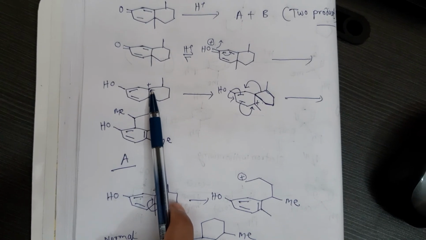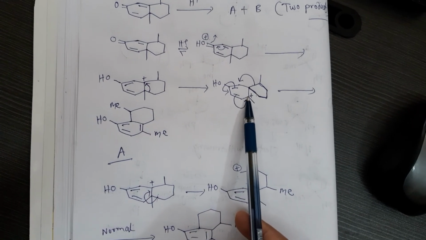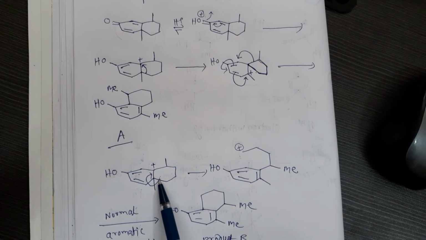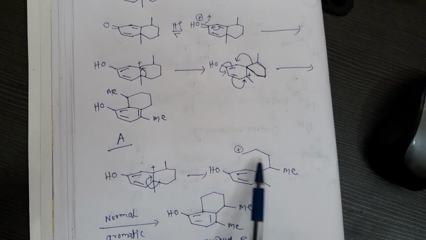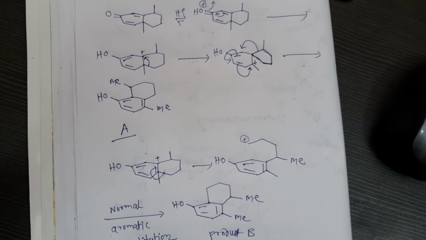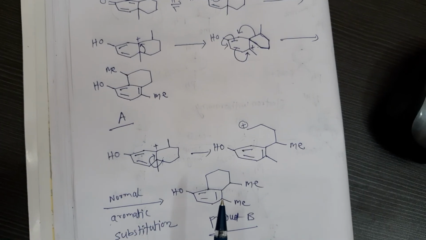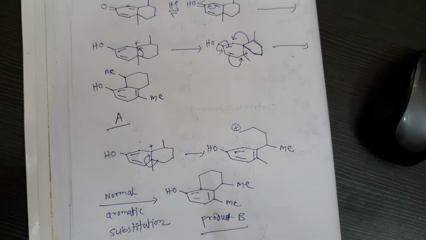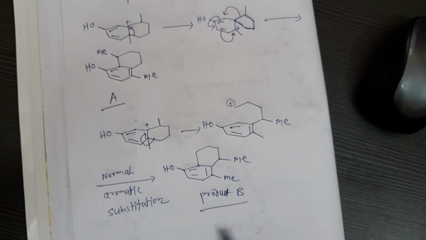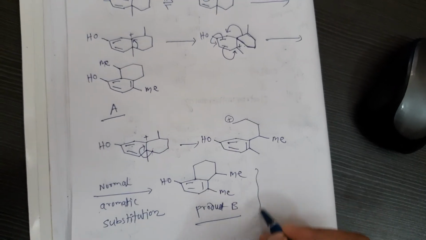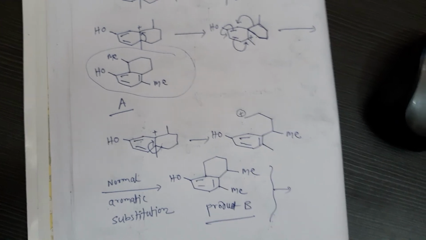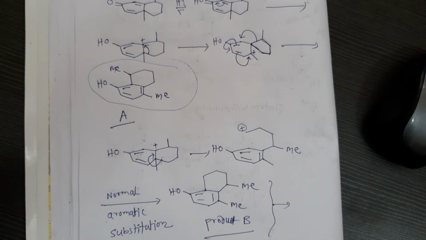Now this can come here to form a 3 degree carbocation and form the corresponding product. And the other possibility, this comes here, and then normal electrophilic substitution reaction, which I have already discussed. Please see my lectures, aromatic electrophilic substitution part 1, part 2, and finally this product is formed. So this is one product and this one is the other product. So these two products are formed.